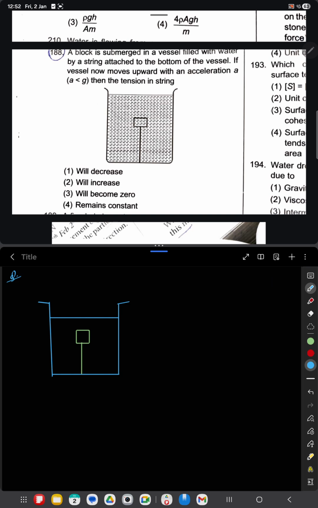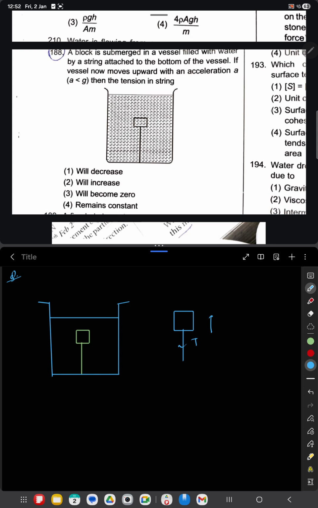A block is submerged in a vessel filled with water by a string attached to the bottom of the vessel. If the vessel is moved upward with an acceleration A, and the tension in the string is... This is a good question. See, in this question, the tension is along this way. The buoyant force will act along this way.